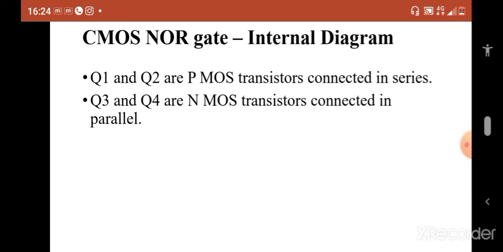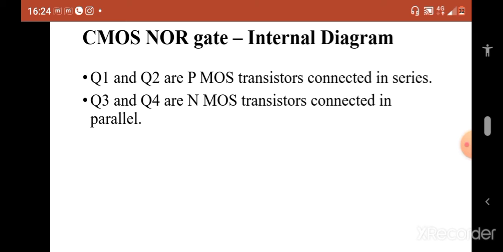So here we are having four types of gates, Q1, Q2, Q3 and Q4. Q1 and Q2 are PMOS transistors connected in series, and Q3 and Q4 are NMOS transistors connected in parallel.